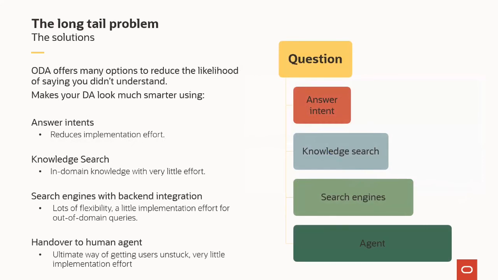In fact, most bots that we build follow a very simple flow. They have intents that try to answer the question. If the intent fails, rather than saying, I'm sorry, I don't know, we drop through to what we usually call a knowledge search, which would be a specific search in a very specific domain. So for example, if you ask Artie a question that we don't have an intent for, Artie will search the doc and our blog articles and other articles to try and find an answer.